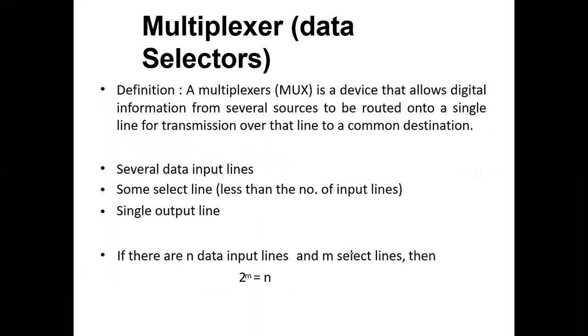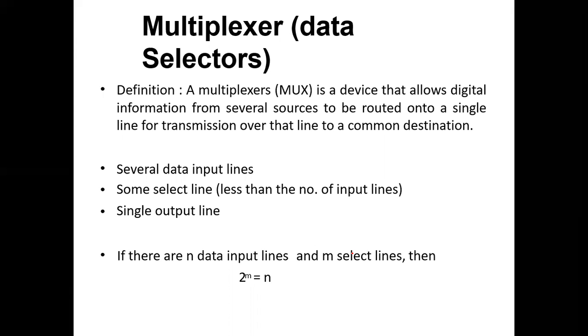A multiplexer is a device that allows digital information from several sources to be routed onto a single line, that is many into one, for transmission over the line to a common destination. So there are several data input lines, some select lines, fewer than the number of input lines, and a single output line.